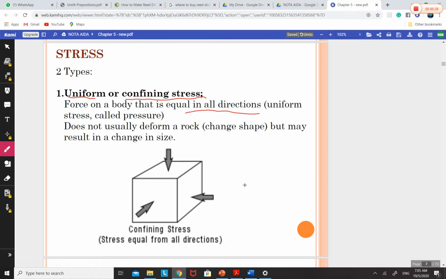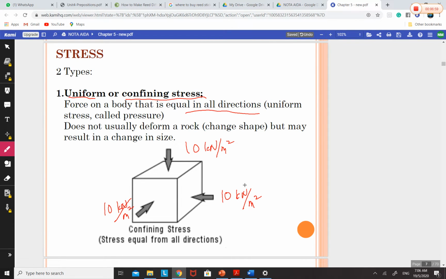For example, from this side the body of rock receives around 10 kilonewton per meter square, and the same from the top, 10 kilonewton per meter square. This is isotropic, meaning that all around the material it receives the same amount of stress.